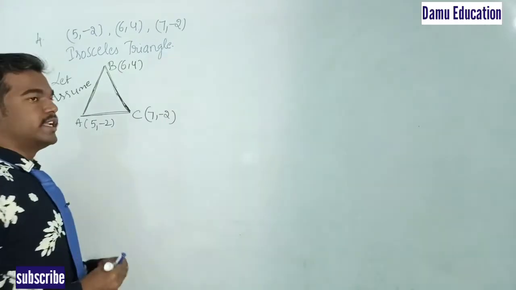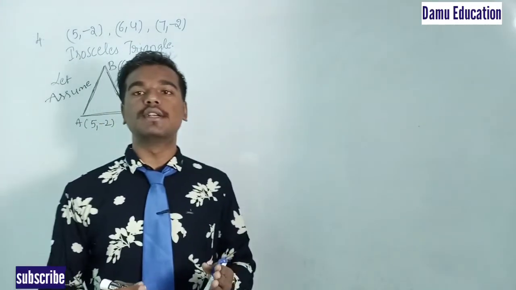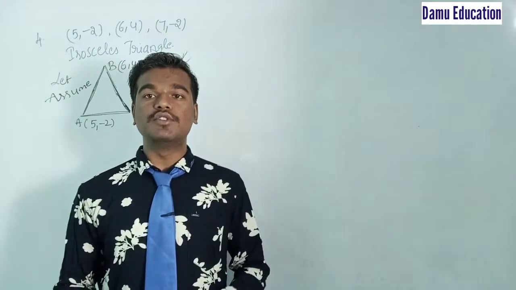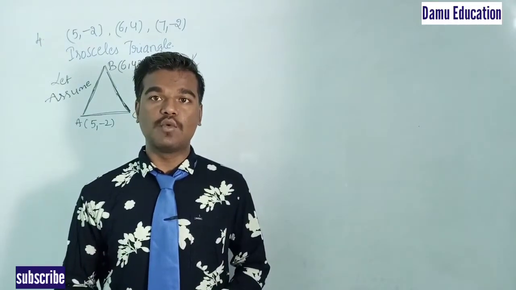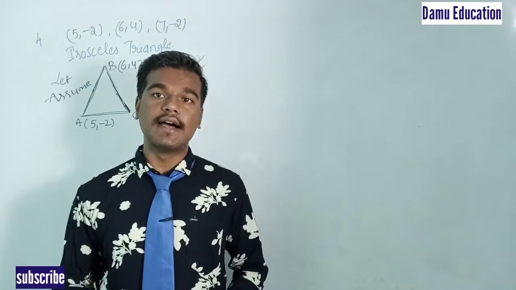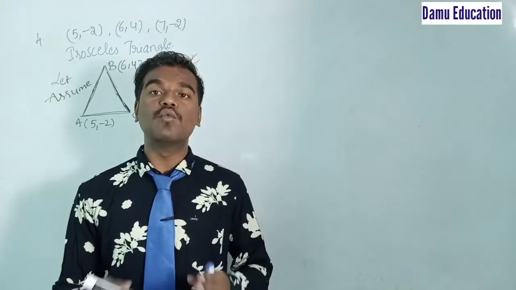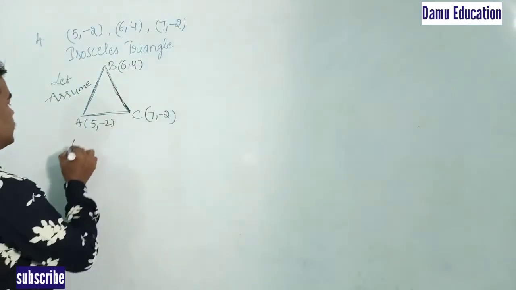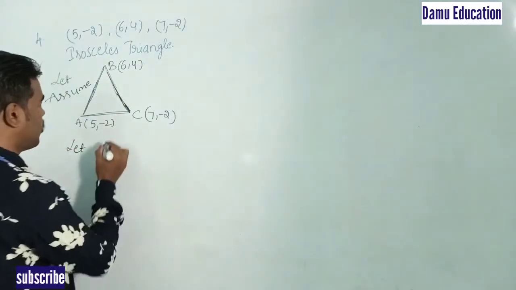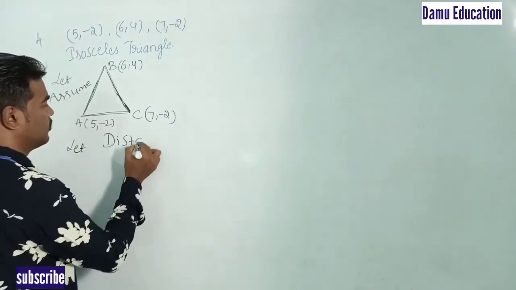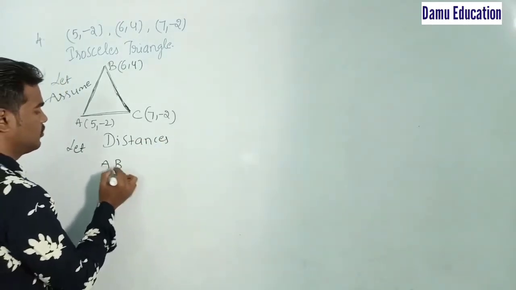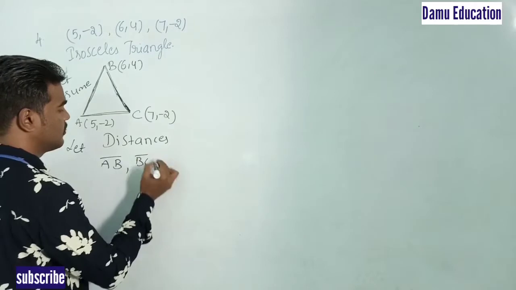So if you calculate the distances between all the vertices, and two distances are equal, then the given triangle is an isosceles triangle. Let the lengths or distances be AB, BC and CA.